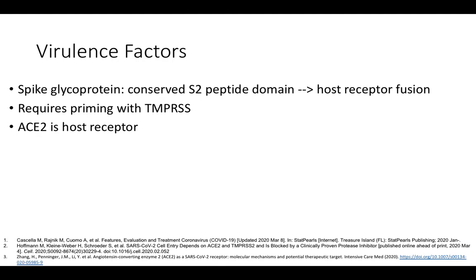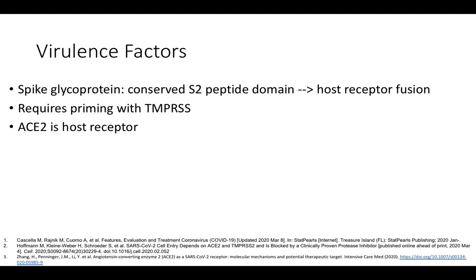Other virulence factors, TMPRSS, this is a protease, which is required for priming of the protein of the virus. And then ACE2 is the host receptor that the virus actually attaches to enter into the respiratory cells. Another word about ACE2 is angiotensin converting enzyme.